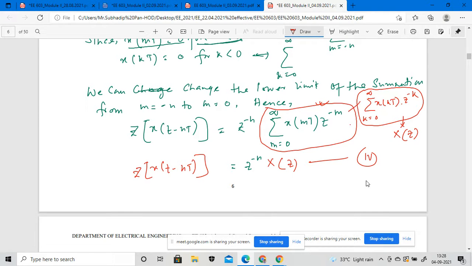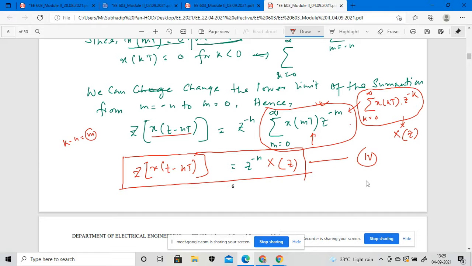This is the same equation, but we are considering k minus n as m. So the z transformation of x of t minus nT becomes z to the power minus n into X of z.